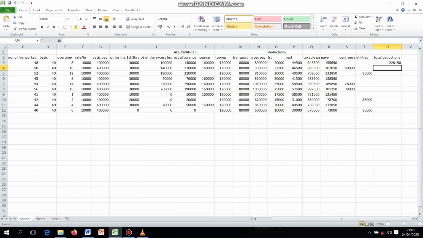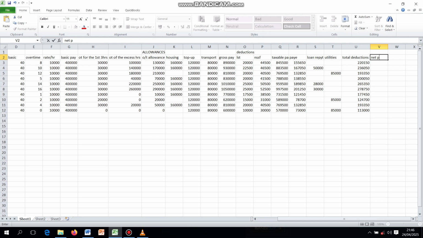After getting it, I will autofill. Then I'm going to calculate the net pay, which is got from the gross pay minus the total deductions. When I get it, I will autofill it.